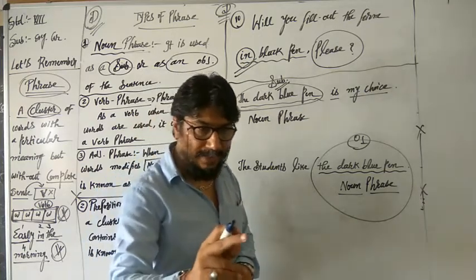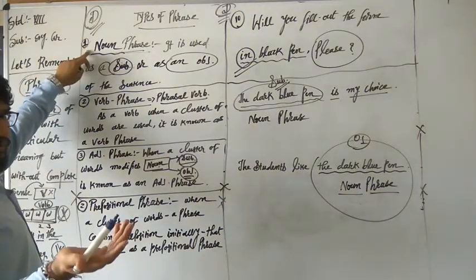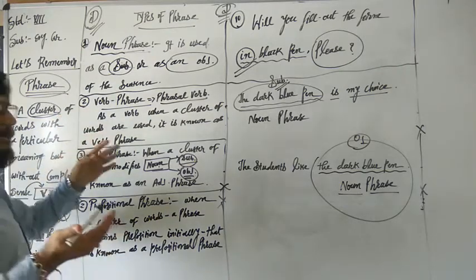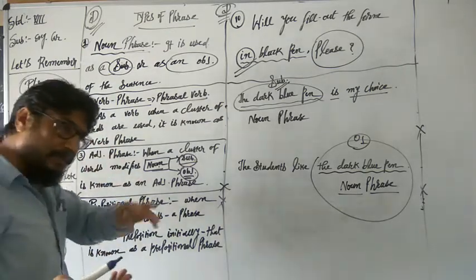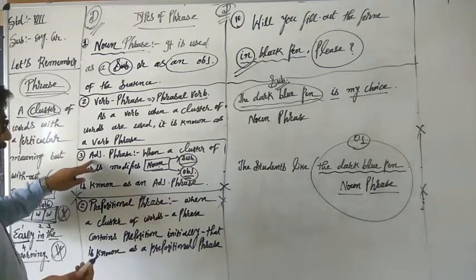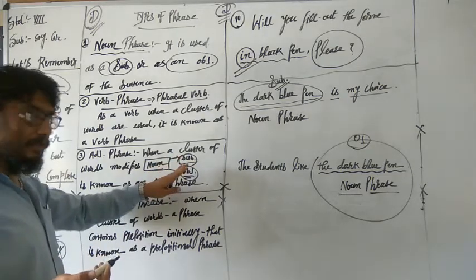Once again, in short, keep it in your mind. A noun phrase is in the place of subject or in the place of object. A verb phrase can be minimum 2 or more than 2 words at the place of verb. An adjective phrase is used with subject or with object.